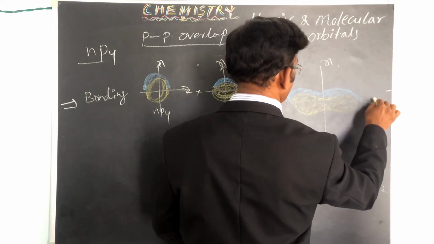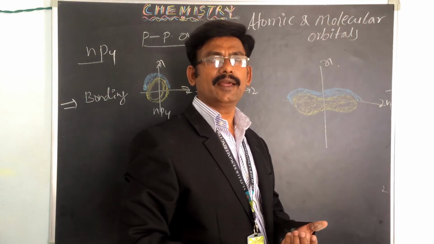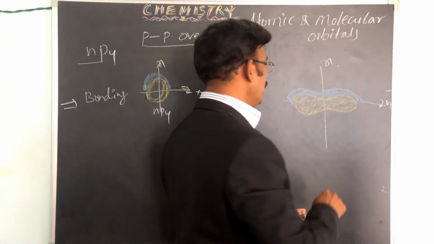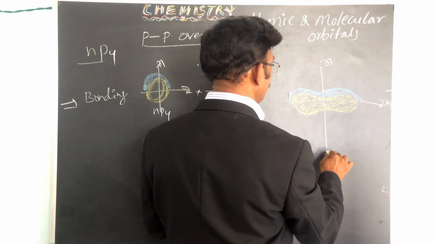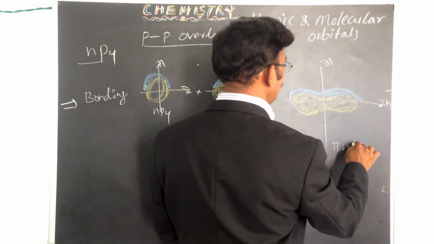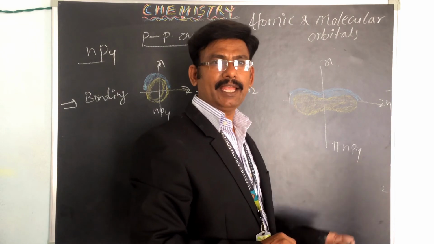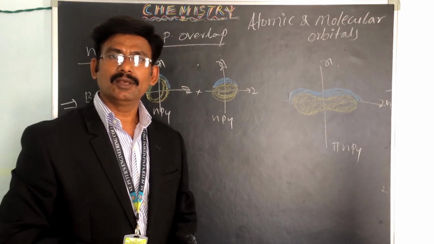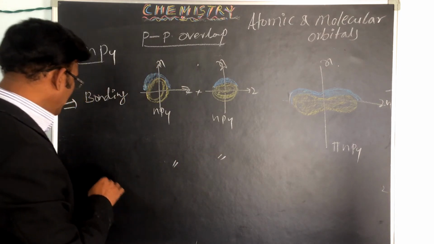X direction, Z direction. Okay, all NPY. Next, here pi NPY, pi NPY. So that pi NPY in bonding. Here this is the bonding.